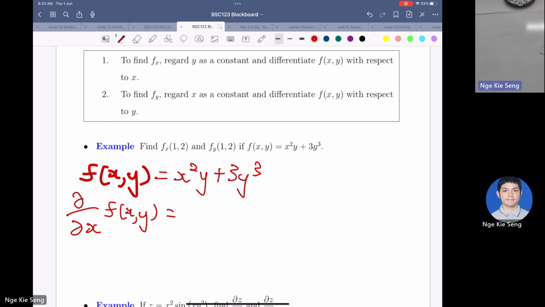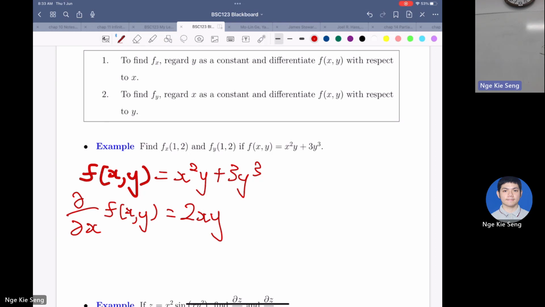So we have to differentiate x squared y with respect to x. Y is a constant. You differentiate x squared, you get 2x. So altogether you get 2xy for the first term. For the second term, what do you get? 0, because you treat it as a constant.